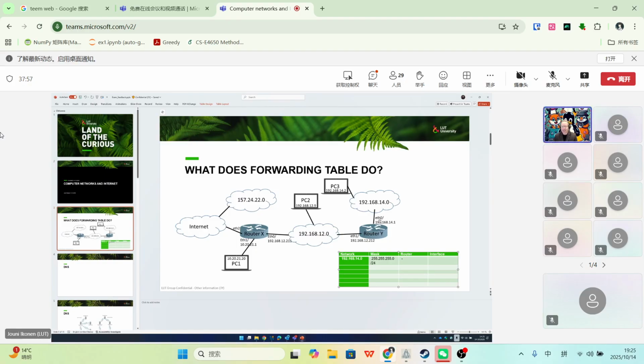It's E0. So basically, interfaces are the outgoing doors for our router, which we are looking for. So we are sending the packet out from the E0 door here. Okay, are you following? Okay, there is a question, please.